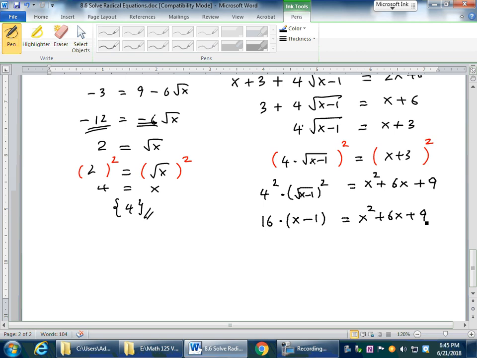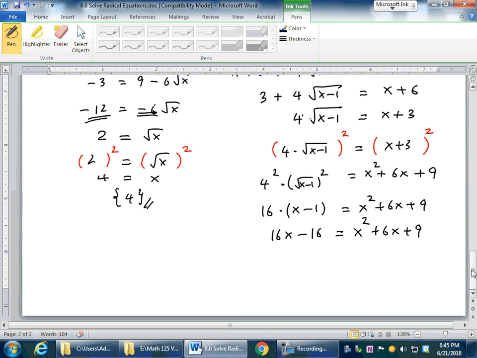Now this makes it easier for us to simplify, which is distributing. That will be 16x minus 16 is equal to x squared plus 6x plus 9. Solving quadratic equations means setting one side equal to 0, so therefore it will be 0 equal to x squared, subtracting 16x on both sides, that will become minus 10x, and then adding 16 on both sides, that will become plus 25.